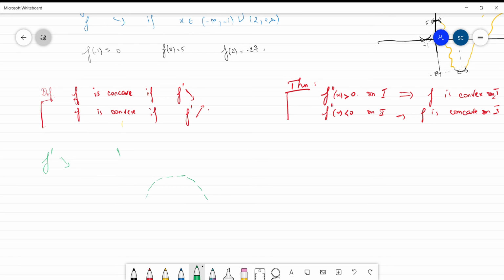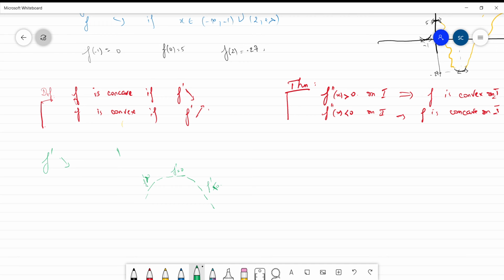It started positive, then negative. F prime here is positive, you see the inclination, F prime here is 0, and F prime here is negative.